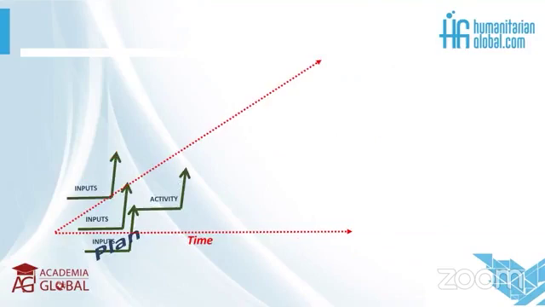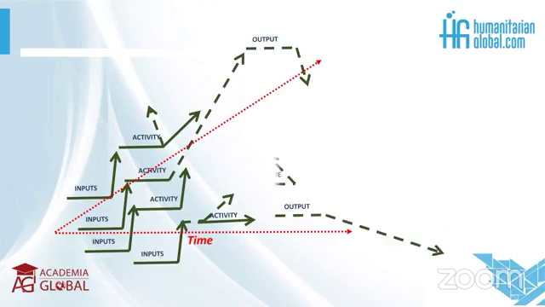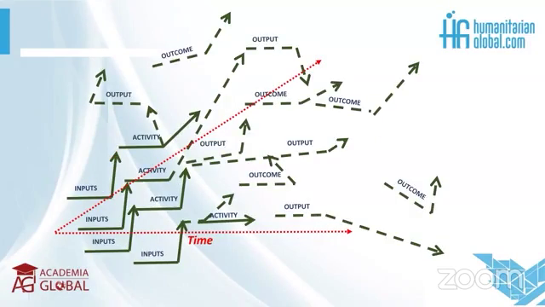This is how change occurs. You put in your inputs, you do your activities, and they do not move you to the output you expected. It takes a different direction. It moves you up, down, sideways. But at the end of the day, if you're able to think through the pathways of change, which is what the theory of change helps you to do, to look at the pathways. How is change happening?